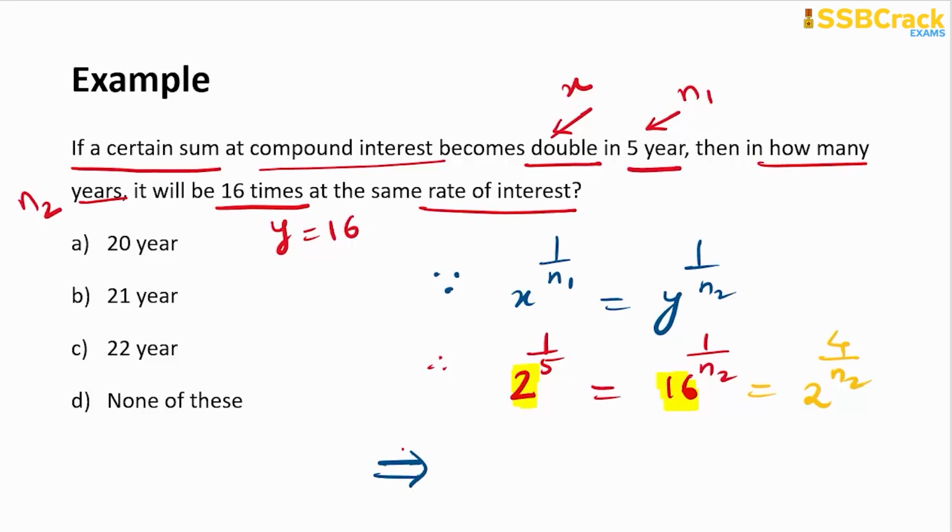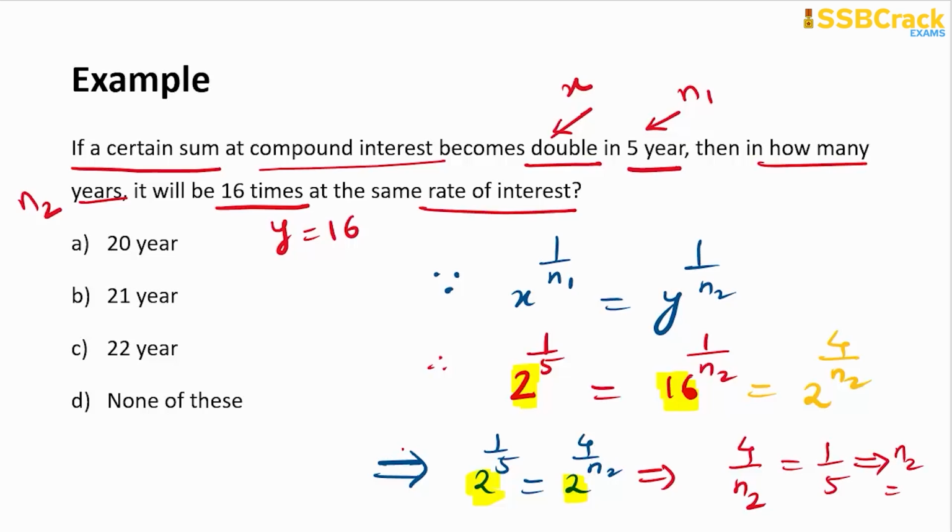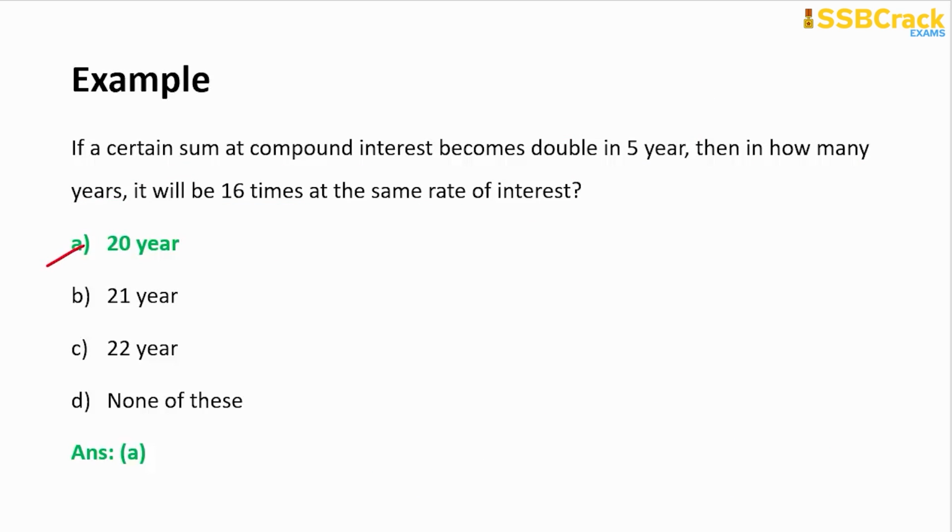So 2 to the power 1 by 5 is the same as 2 to the power 4 by n2. As bases are the same, the indices have to be the same. Hence 4 by n2 is equal to 1 by 5. By cross multiplying, n2 has to be 20, 4 fives are 20. And hence the key for this question is option A, 20 years.